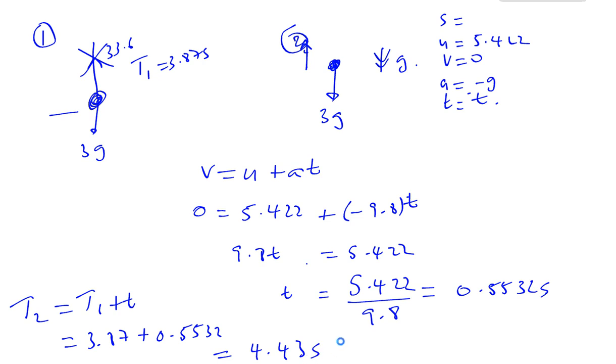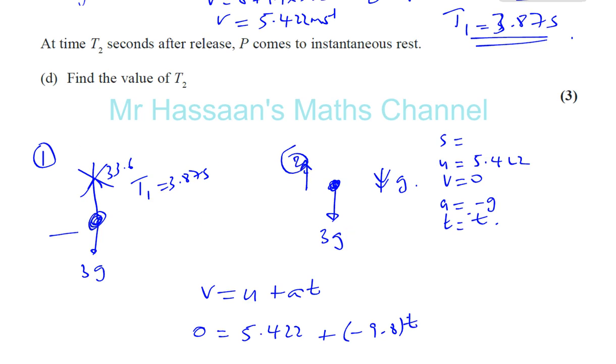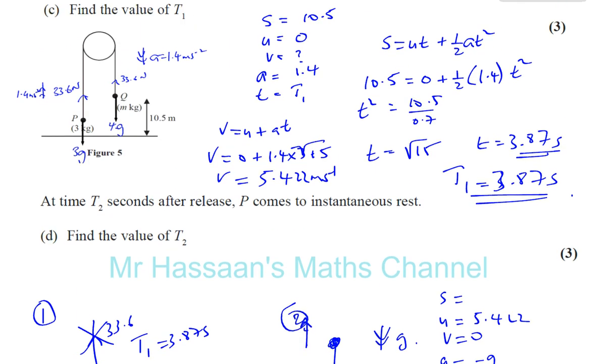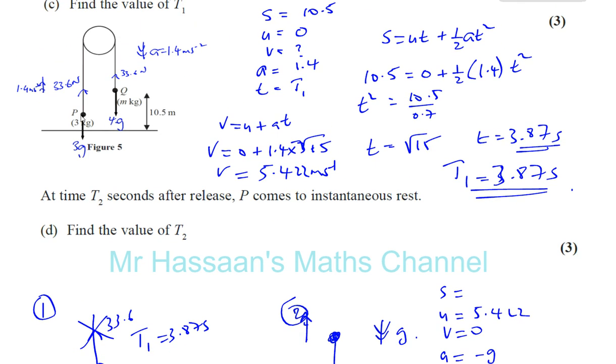That's the total time it took for P to come to instantaneous rest. So it's gone up until Q hit the ground.